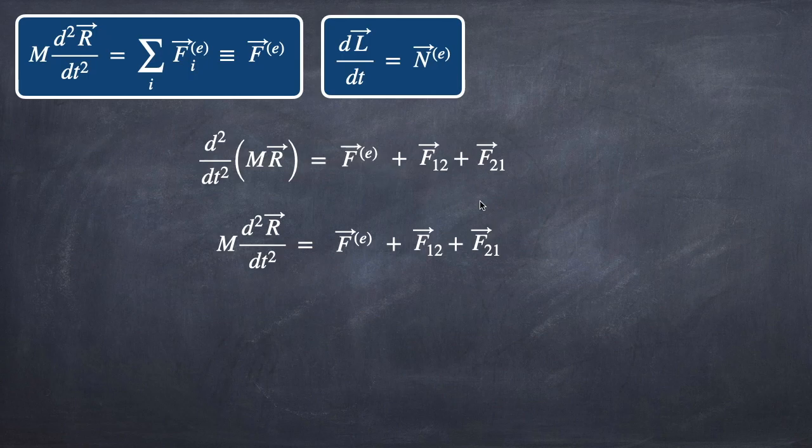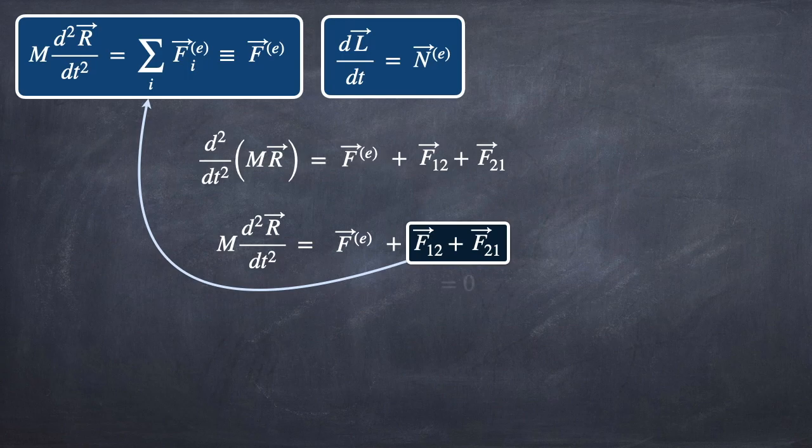But since our system must obey this equation, this pair of internal forces must be equal to 0. Why? Because mass multiplying the acceleration of the center of mass is equal to the total external force.